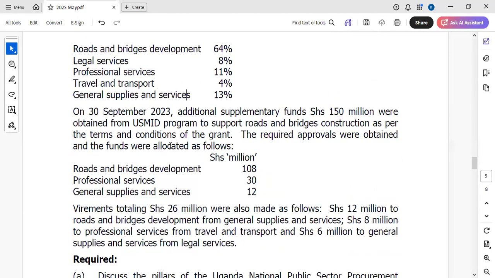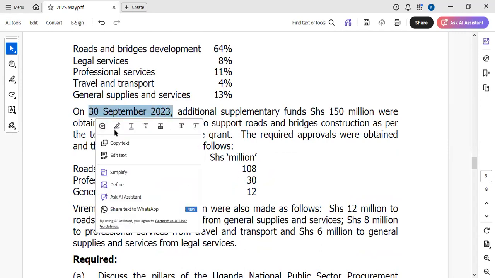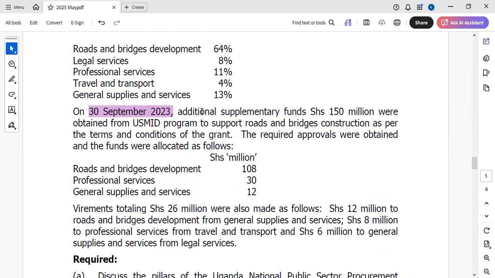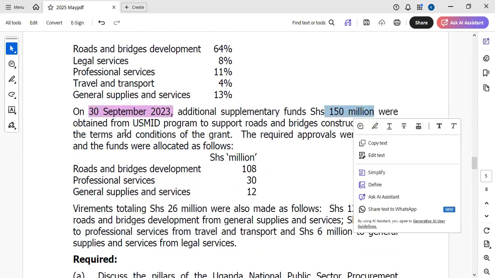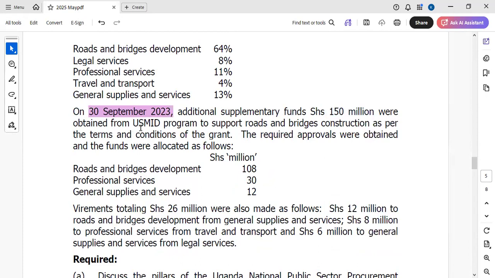Okay, next. On the 30th September 2023, that is still within our period, additional supplementary funds, shillings how much? We have another amount of money, shillings 150 million, obtained from USMID program support for roads and bridges construction as per the terms and conditions of the grant.